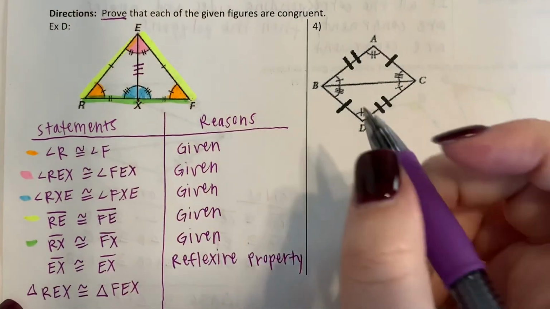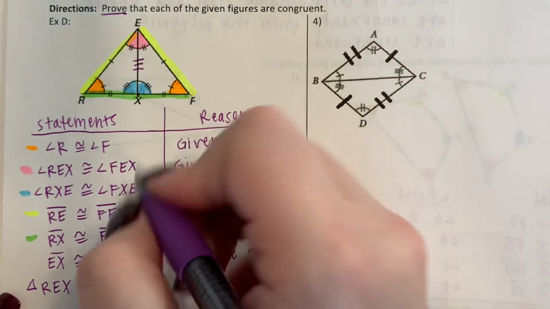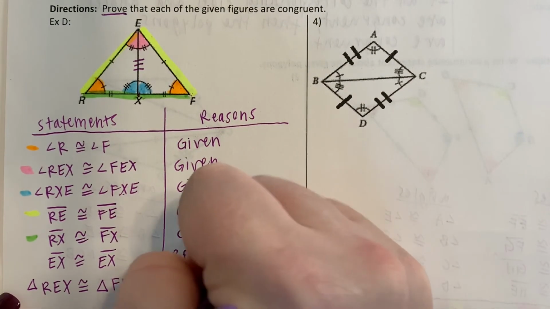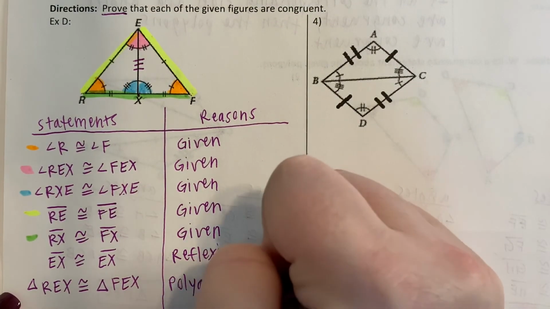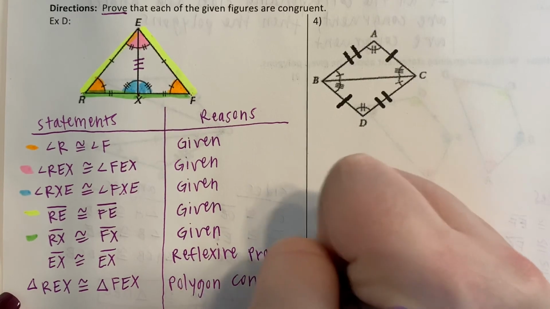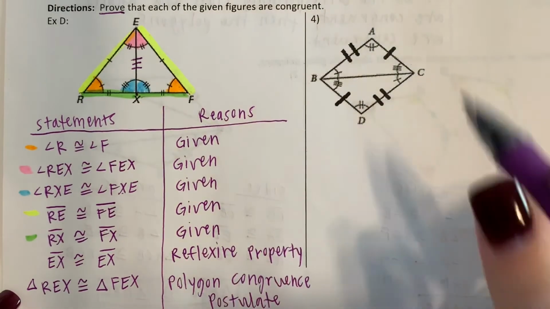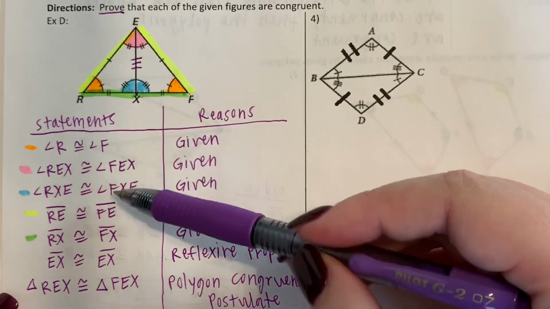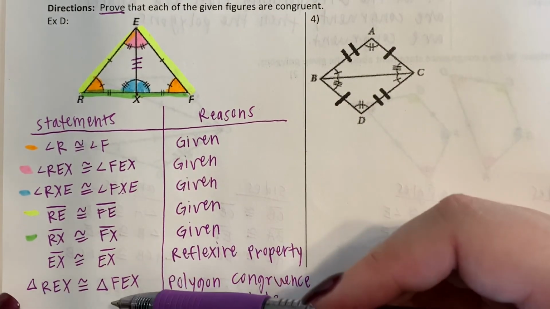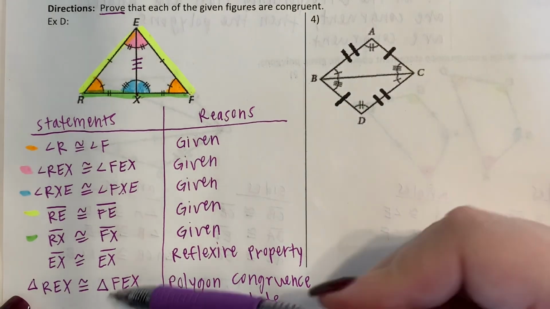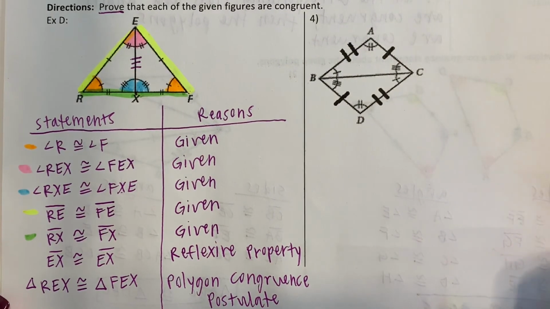And the reason, we just flipped to the other side of our notes, that is called the polygon congruence postulate. And again, we can use that because we have already showed that all of our corresponding angles and sides are congruent. Therefore, our polygons, in this case, our triangles, are congruent.